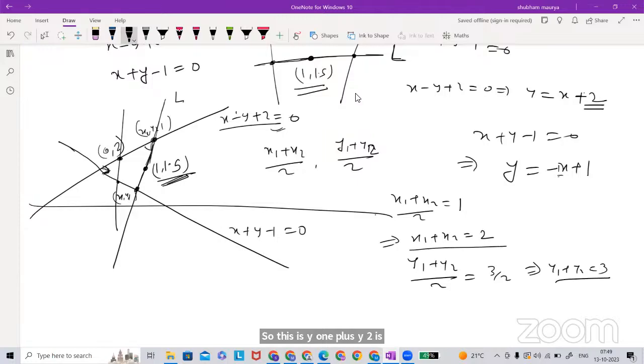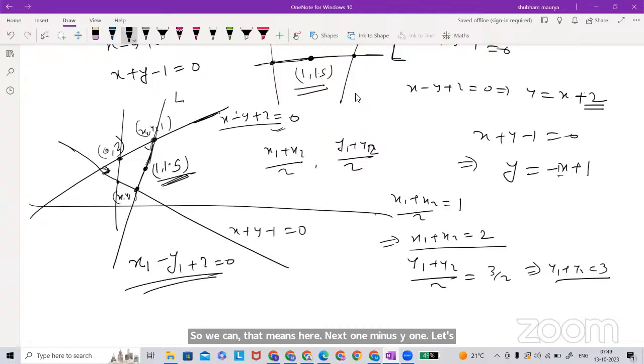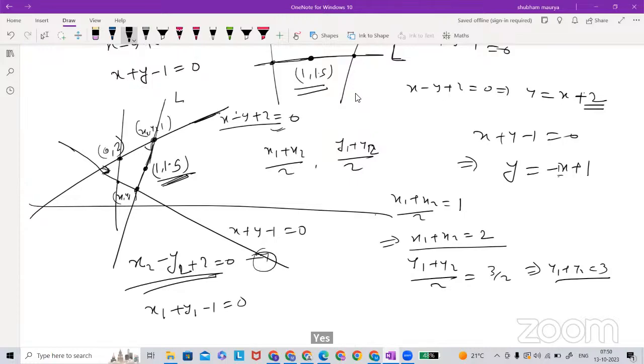So these two equations we have. Now this point is lying on this line, so that means x1 minus y1 plus 2 is equal to 0. And sorry, here it is not 1, here it is 2. And this point is lying on this line, so that means x1 plus y1 minus 1 is equal to 0. So we have 4 equations.